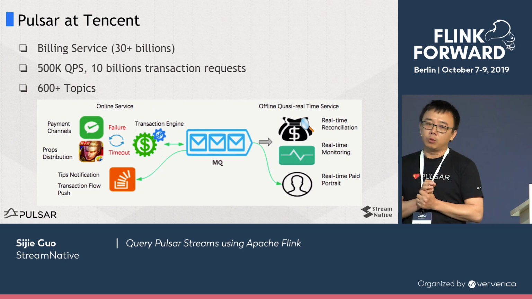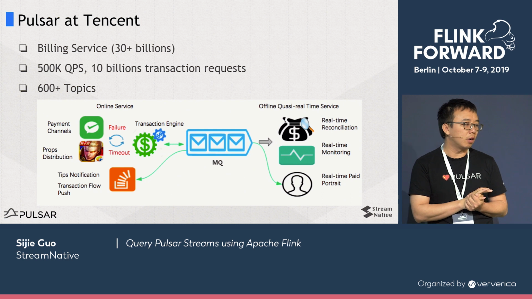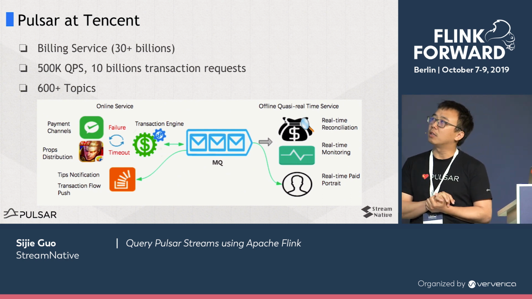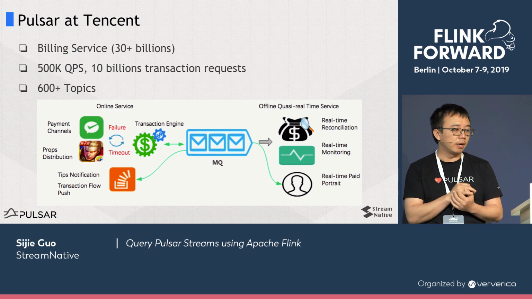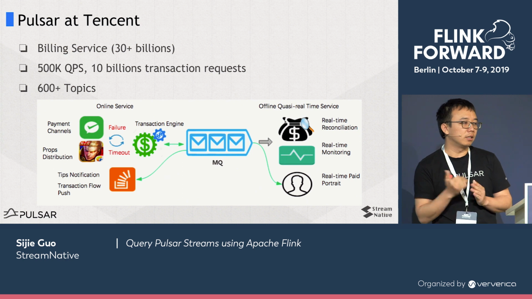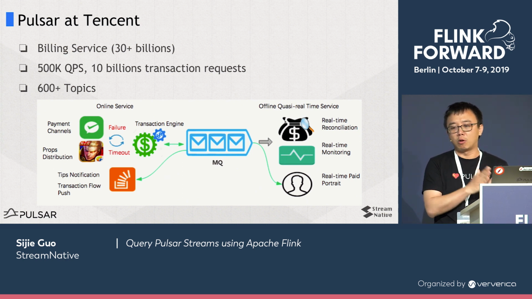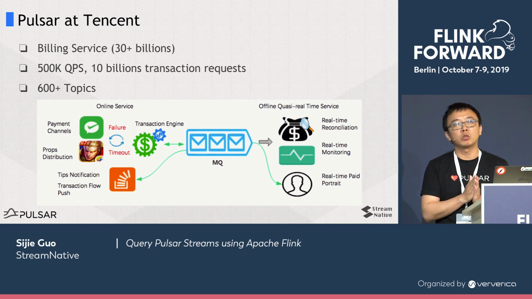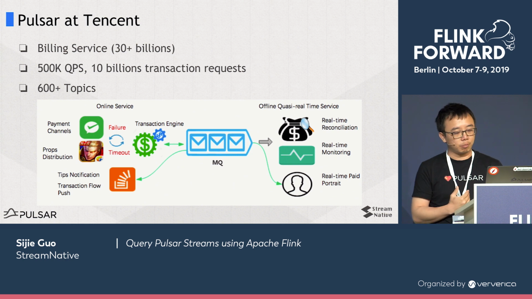And offline, it uses Flink to do real-time processing of the data in the transaction messaging queue and to reconsolidate all the payments. So I think it's a very strong use case. It's combining both online use case and real-time use case into one system, and that's the power of Pulsar.